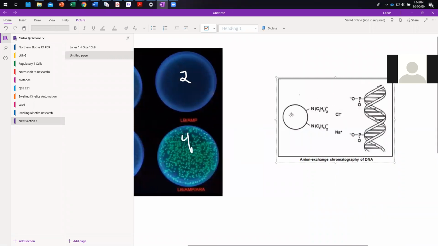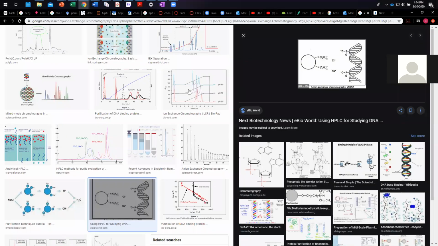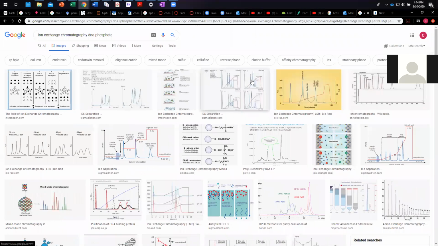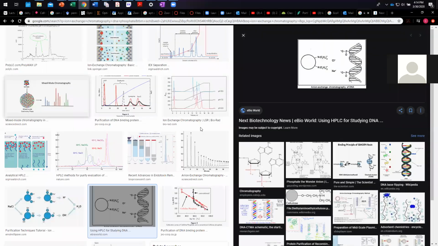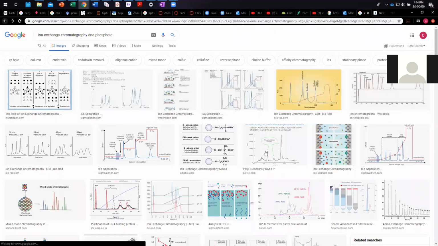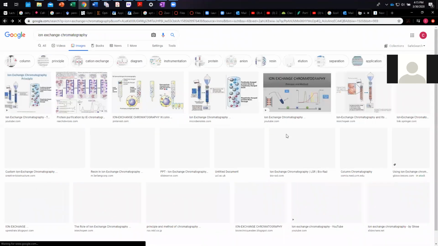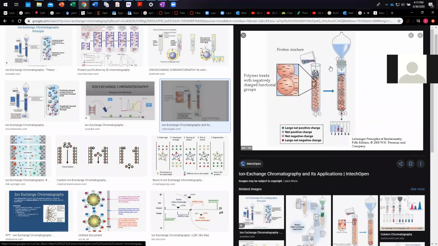So here you see, you're going to put your supernatant and run it through a column. You can see the columns better in the last one. You're running the supernatant through columns like this, and within that solution you have your plasmids, and they attach to positively charged beads.